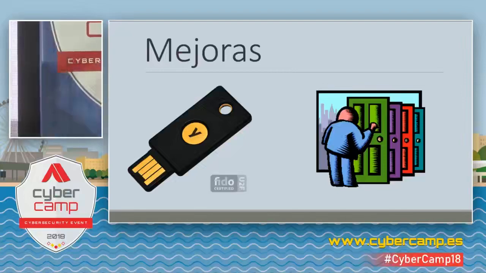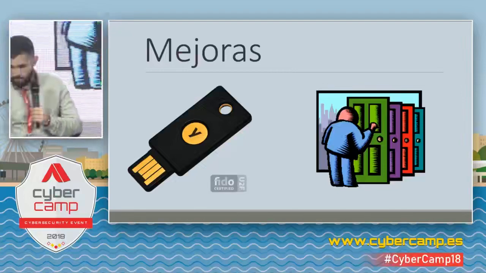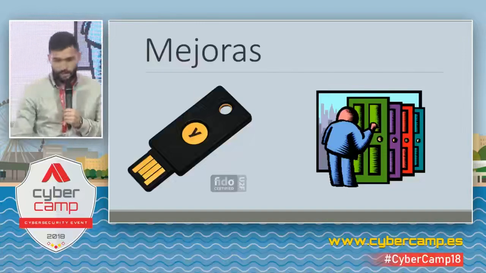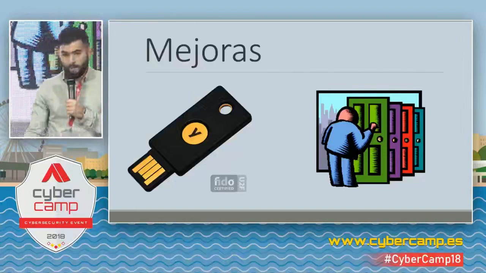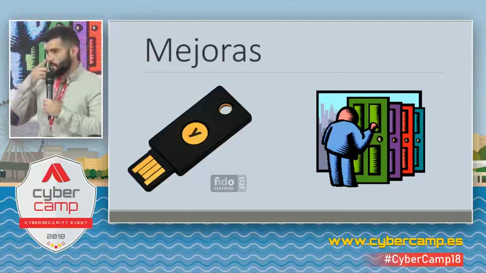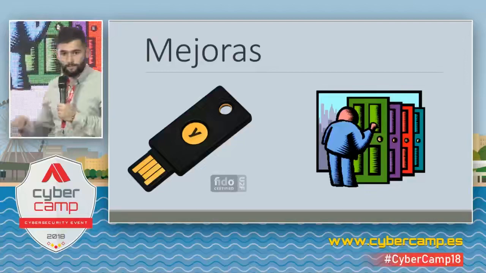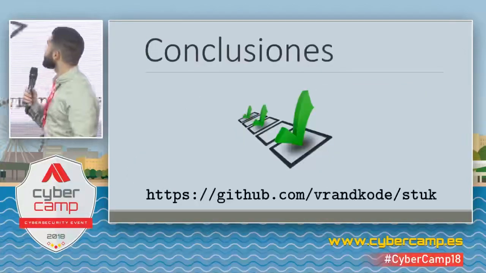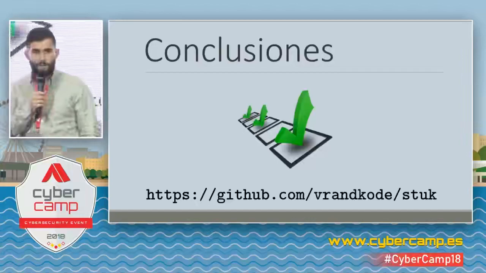For instance, the FIDO key, I believe he said. We have implemented the key, but for the moment only for the client application that connects to the machines. We should still work on that, but at the supervisor's level.